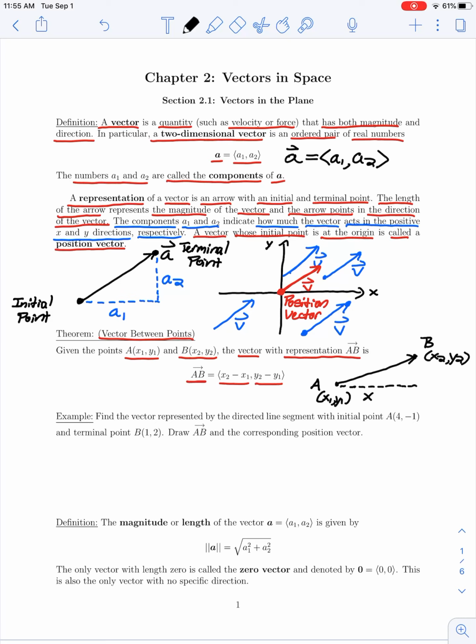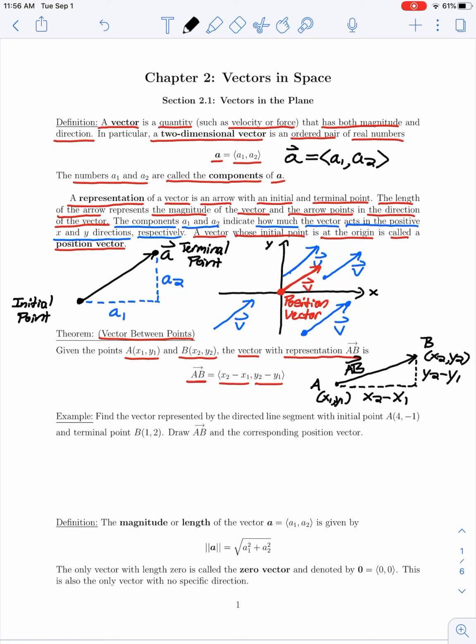So that is the length of this x interval, which would be given by the difference in the x coordinates of my 2 points. And the second component of this vector would be the vertical distance which I traveled from the initial point to the terminal point, which would be given by the difference in the y coordinates of those 2 points. So this vector is denoted as AB with a little arrow above it.